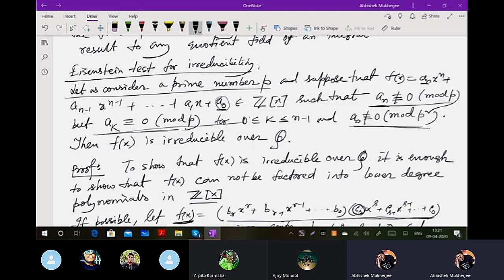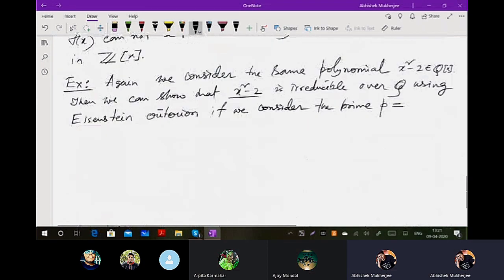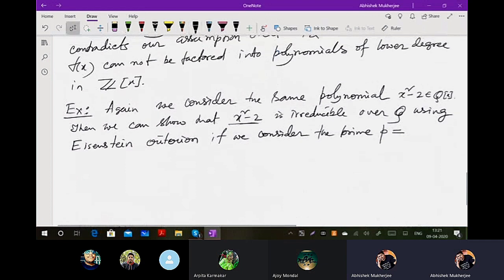So this is your part. That is, you need to choose a prime p which will satisfy these three conditions for that given polynomial. So this is crucial, that you need to choose a particular kind of prime which will satisfy the conditions of the given polynomial.